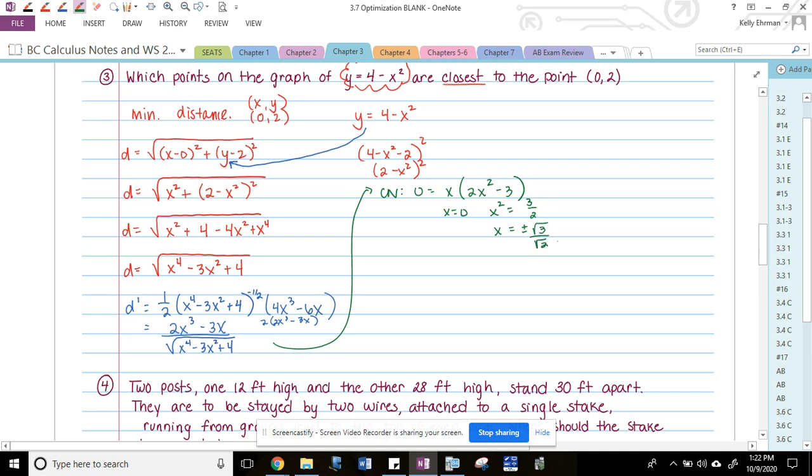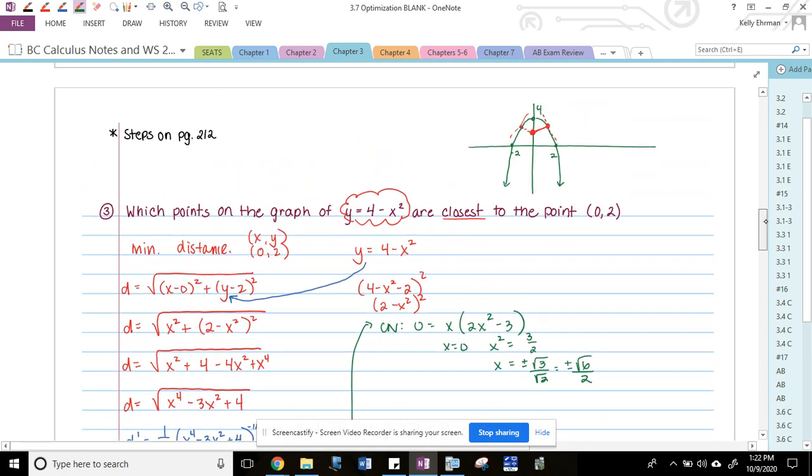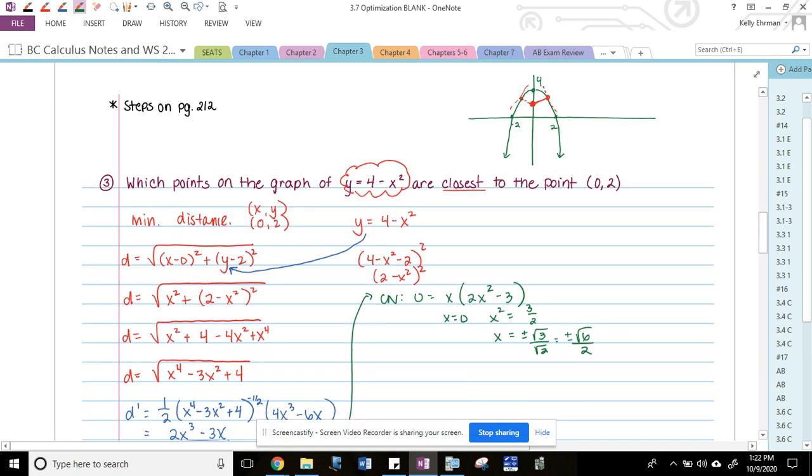Do we have to rationalize that? It doesn't matter. So I guess I'm going to, but you don't have to. I was trying to think of what would be easier to plug back in, but I just won't worry about that at this point. Are all of these values okay to plug into the original curve? Yes, because there are no domain restrictions on the graph of 4 minus x squared. So all of these are candidates here.